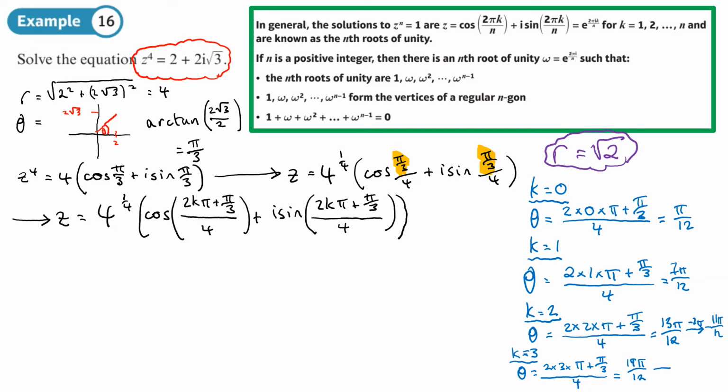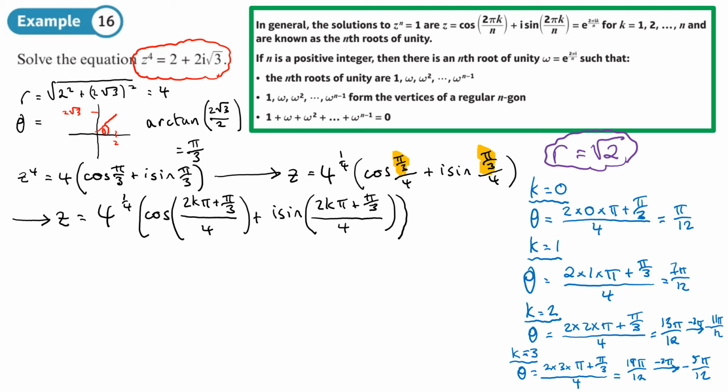Again, that's out of the range, so let's take off 2 pi. 19 over 12 take away 2 pi is negative 5 pi over 12.